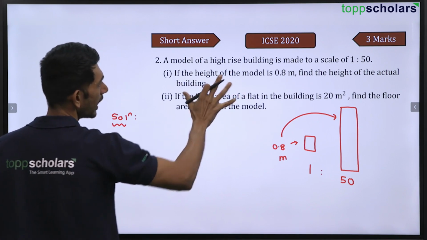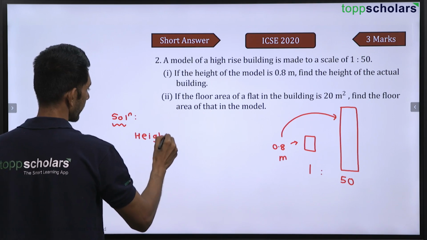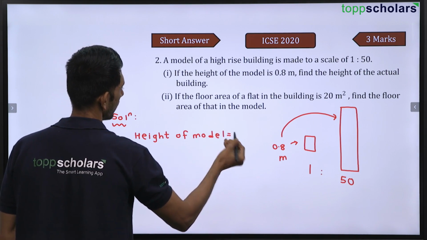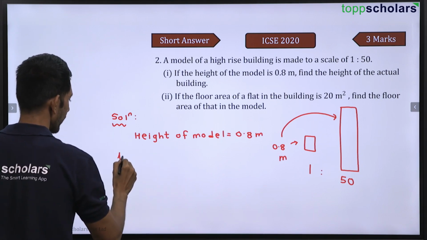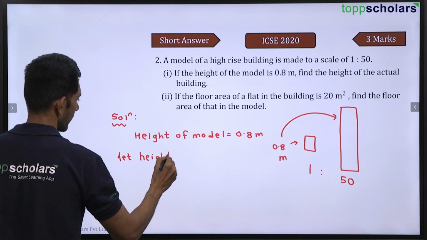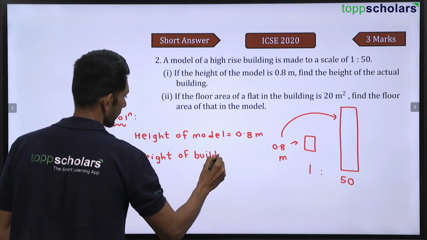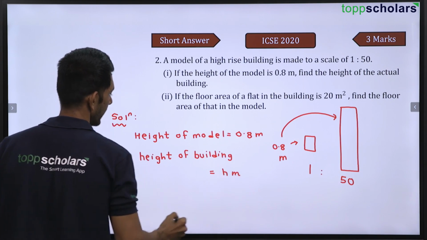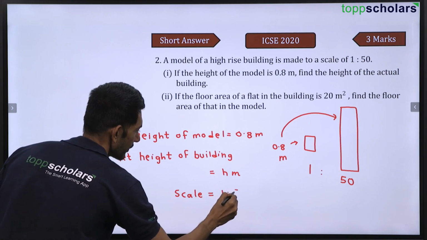The height of the model is given, height of model is 0.8. We can say let the height of the building be say h meters, and the scale is given. Scale is 1:50.